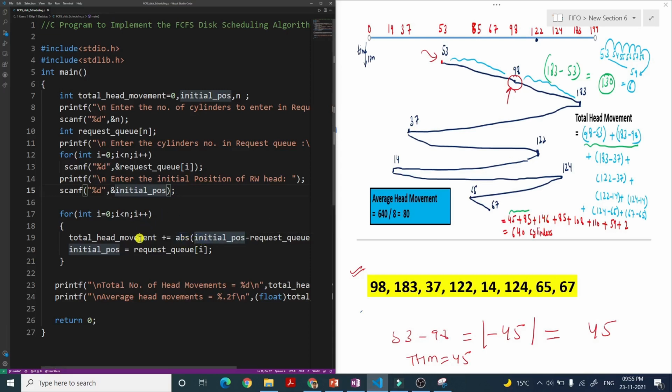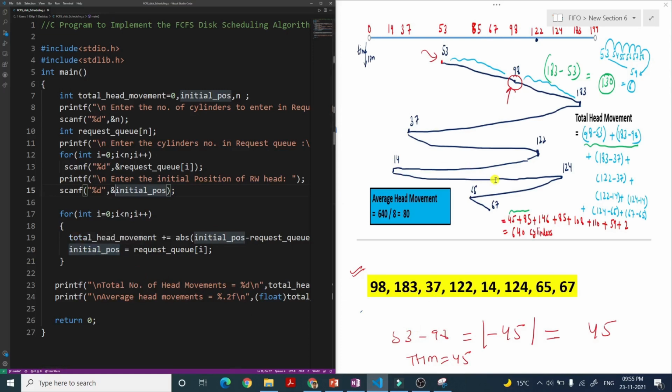So 146 will be added with the previous total head movement. My calculation till now is 45 plus 85 plus 146, right? Then we again change the initial position to 37, so my request key of I, this 37 cylinder, goes into the initial position.